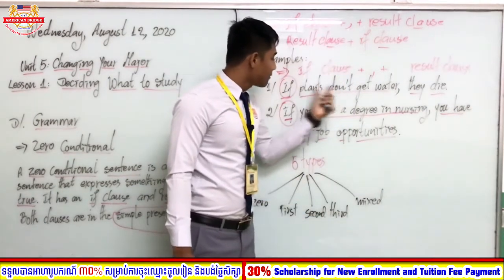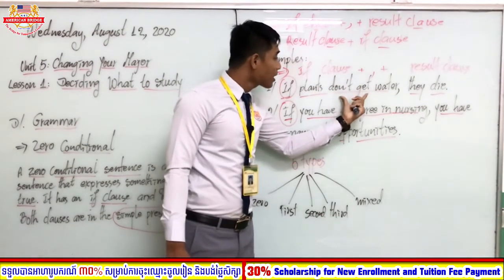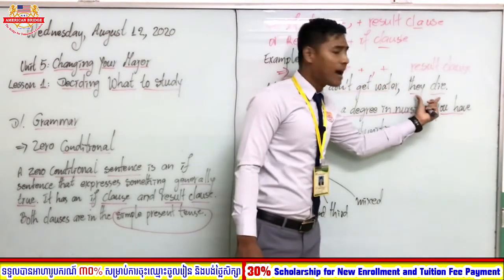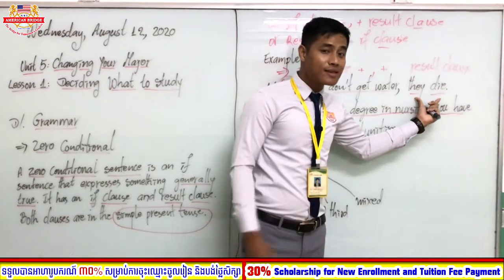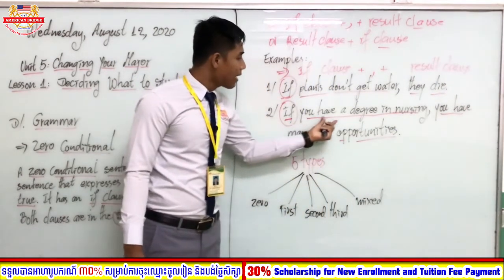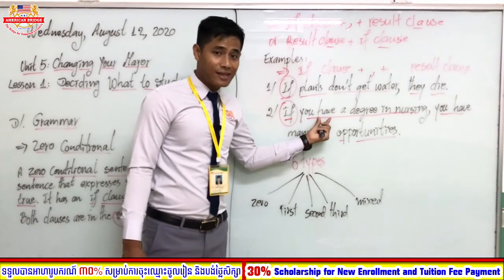Right, let's see the example. If plants don't get water, don't get water is present simple. They die. This is present simple. Look at this: if you have a degree, you have. Look at have. This verb is in the present.